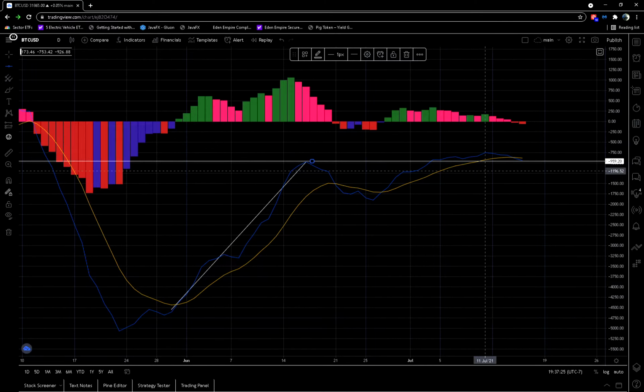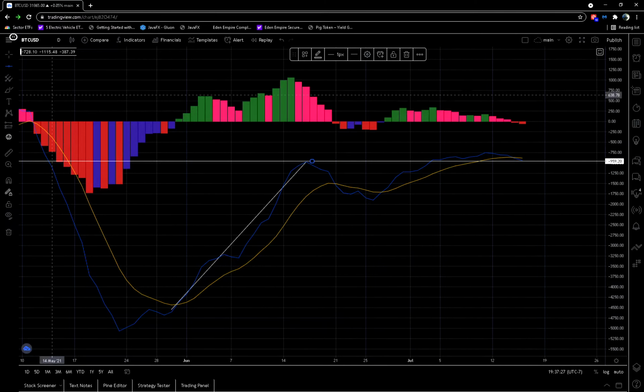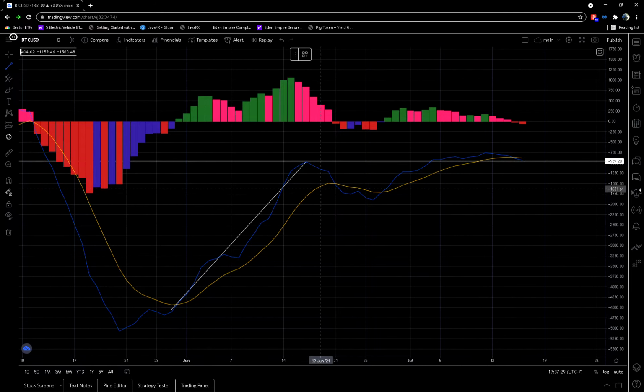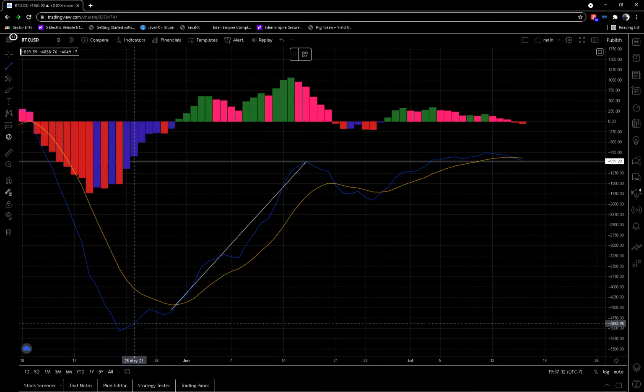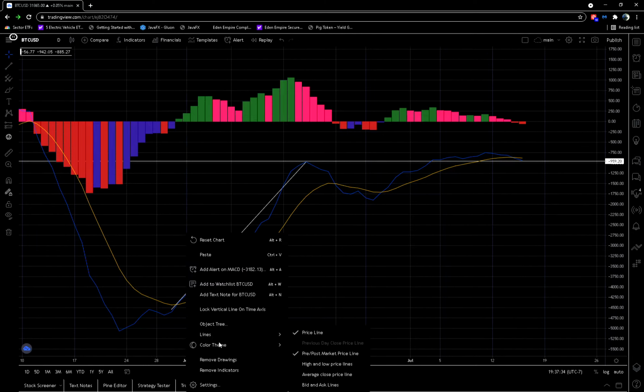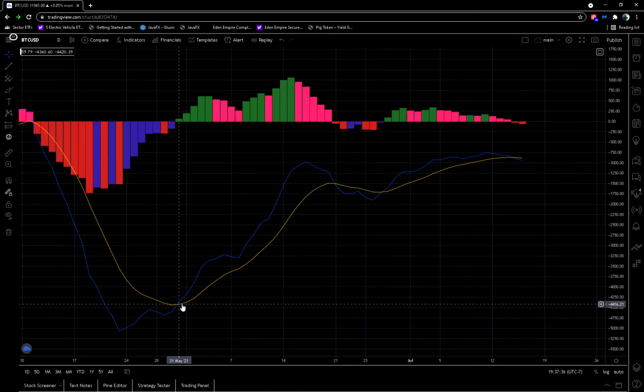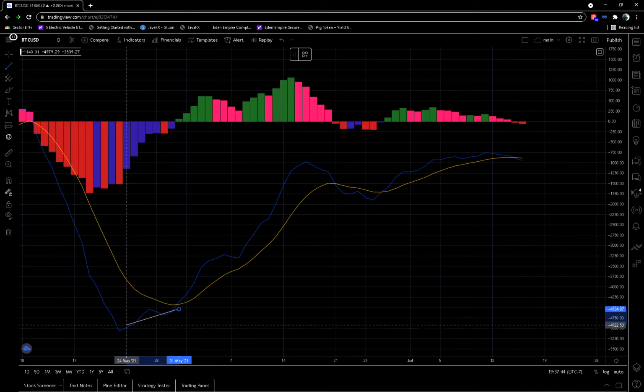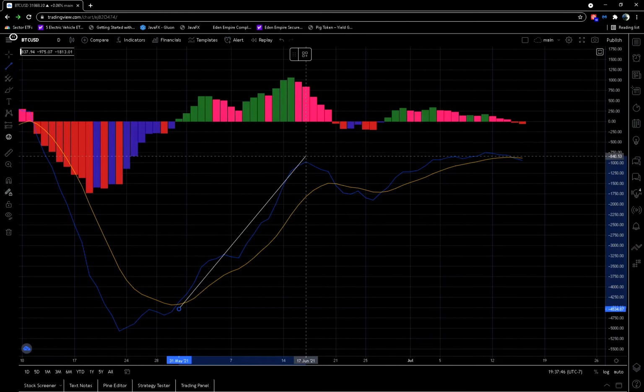It checked, and then it's crossing here on resistance. Now if I remove those lines again, have a look at that cross up, all the way here. It bottomed here, crossed here.